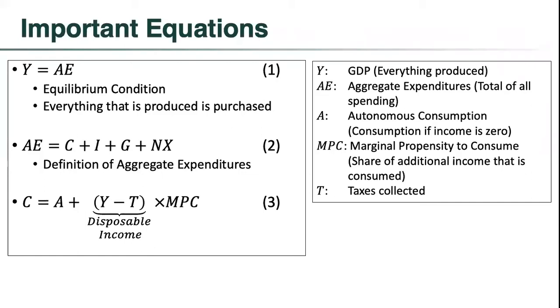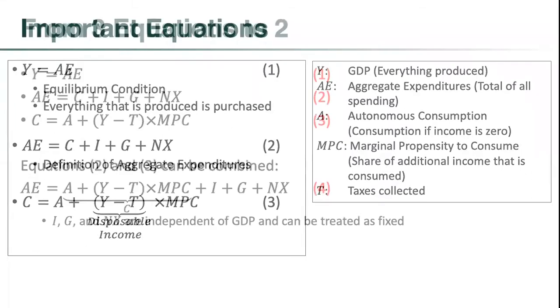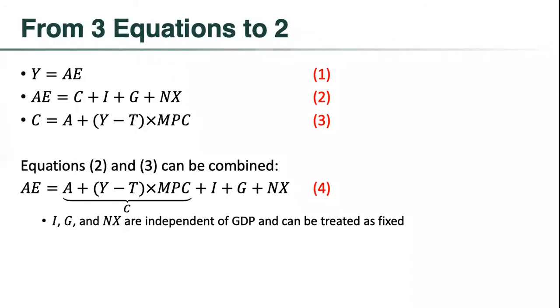If you didn't get a chance to write these down, it's okay. We're going to see them again right here. The first thing we're going to do is manipulate these equations to solve for one single equilibrium condition. Don't worry if you don't have every single detail of this math. It's not something you're going to be asked to replicate on the exam.